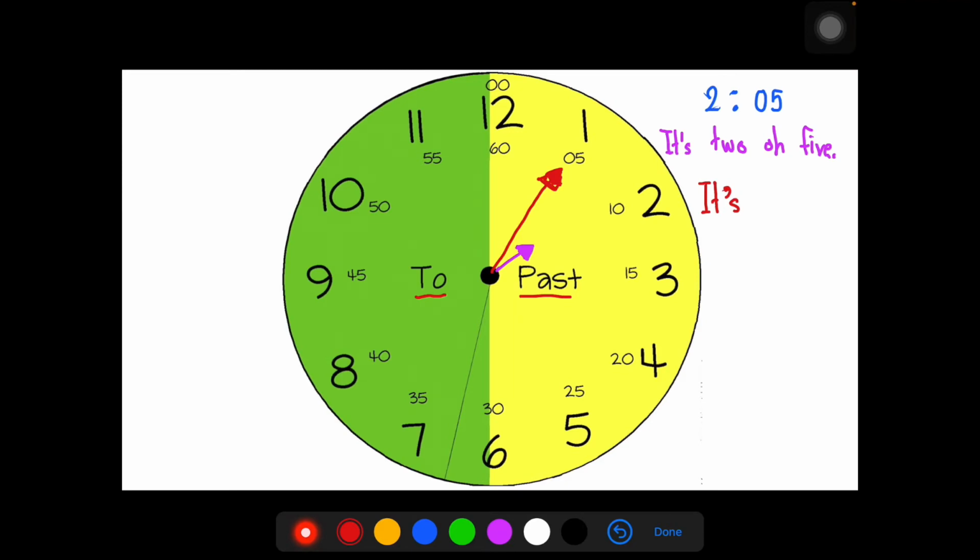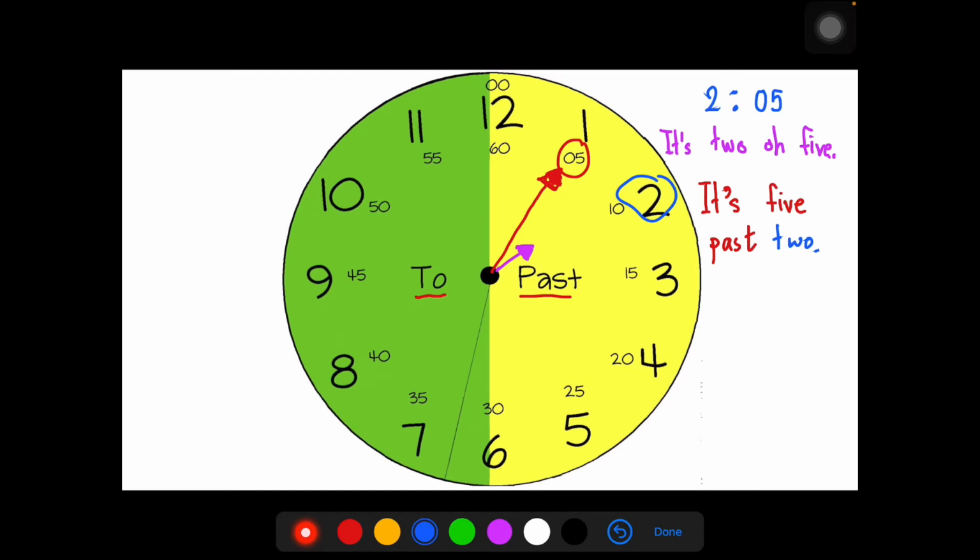How many minutes? It's 5 minutes, right? It's only 5 minutes here. So it's 5 past. And then look at the short indicator as number 2. It's 5 past 2 as this one. Pretty simple.